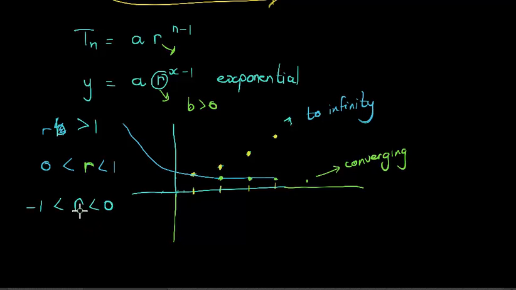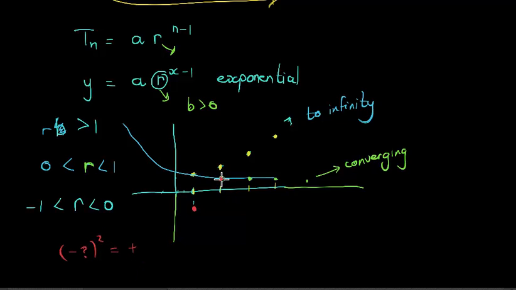So in other words, it's negative. Then when n is 1, I will have a negative answer. When n is 2, I'll have a negative answer squared, so I'll have a positive answer.